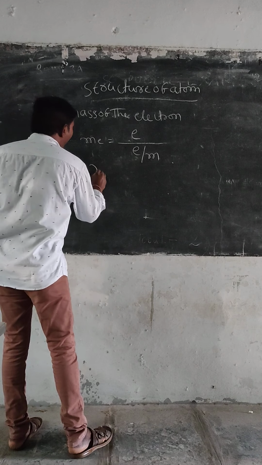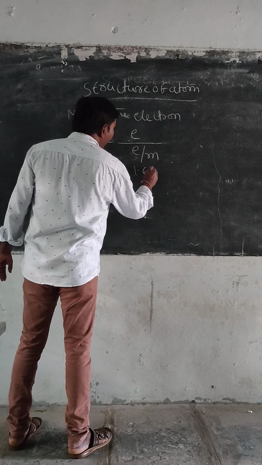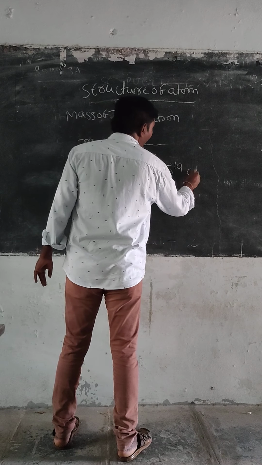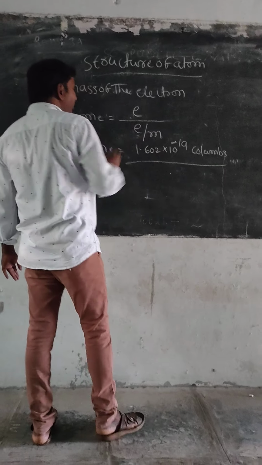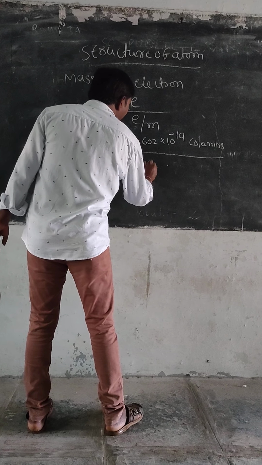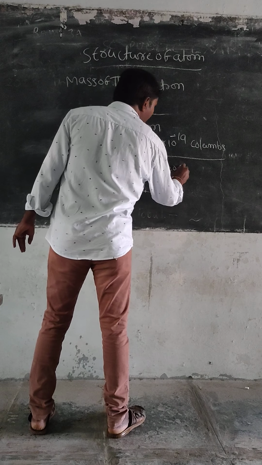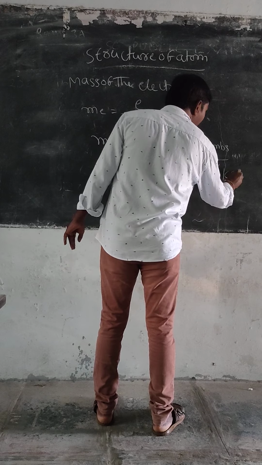That's why mass of the electron equals charge of the electron, 1.602 into 10 power minus 19 coulombs, divided by the charge to mass ratio, 1.758820 into 10 power 11 coulombs per kilogram.